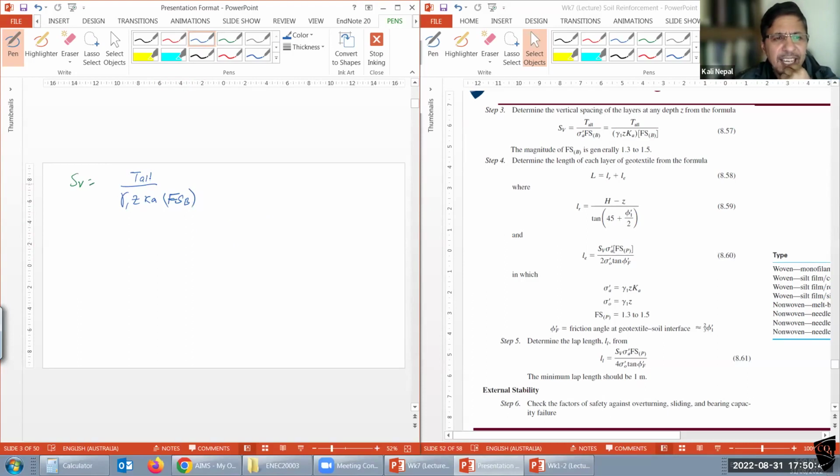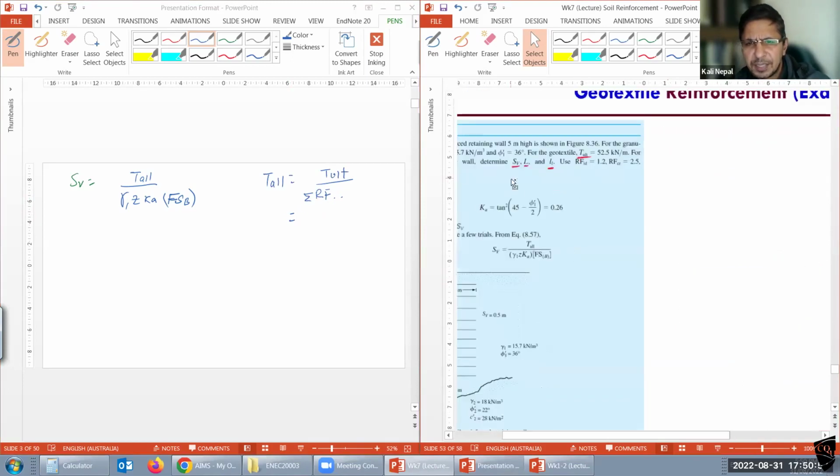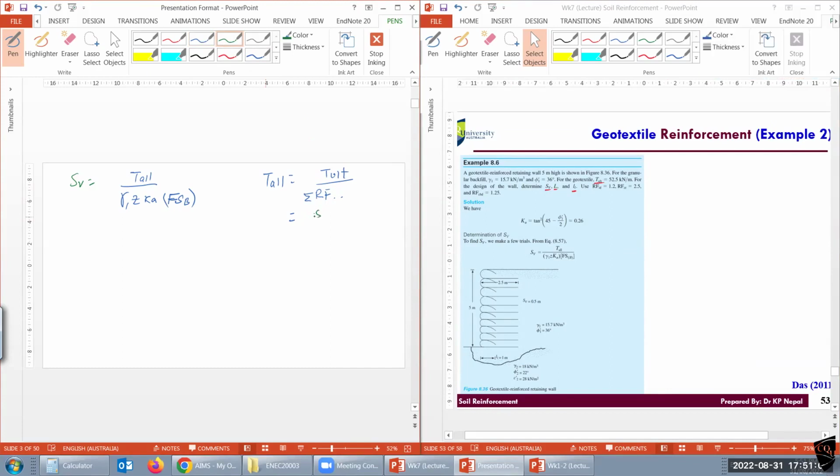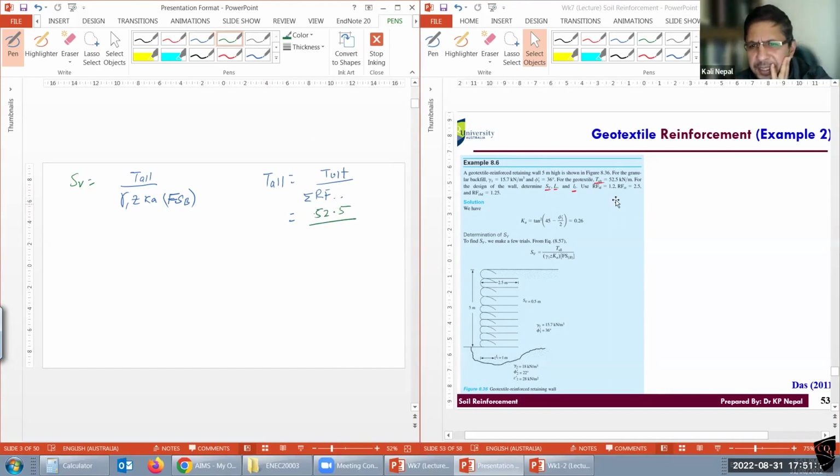There you go. So T allowable would be T ultimate divided by whatever correction reduction factors are given, right? All of them, some of them, all of them. Can you calculate that now? What factors given in the question? T ultimate. How much is the ultimate strength? Can you read on the question? T ultimate is 52.5, yeah? Okay. Divided by whatever reduction factor given, just use all of them.